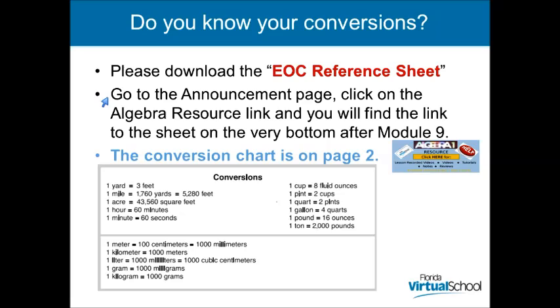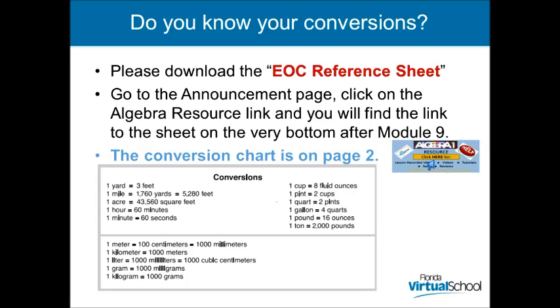Go into your Algebra 1 course and go to the announcements page. In the middle column, under Course Resources, you will see an icon that looks like this. It will say Algebra Resource and Help on it. So you click that icon, and then you will see all of the resources for the algebra course.